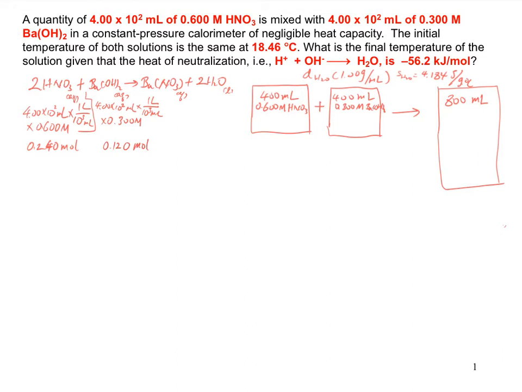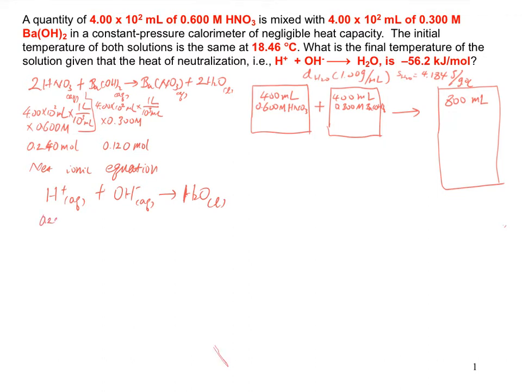Now let's look at the net ionic equation. Please work offline to make sure you understand that the net ionic equation for this reaction is simply proton reacting with hydroxide anion to produce water. So what's the mole number of the proton?